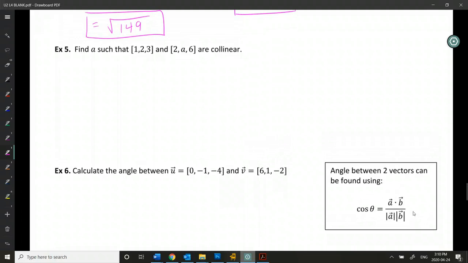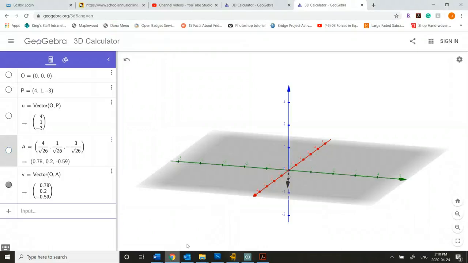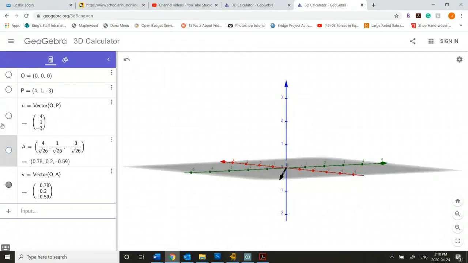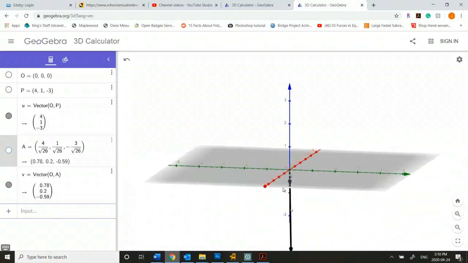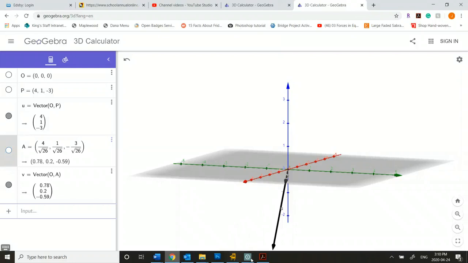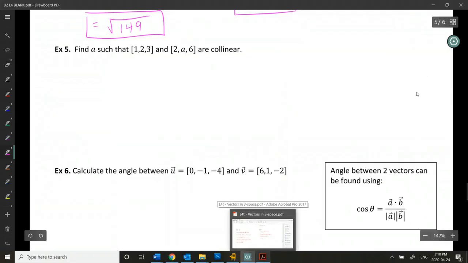All right, we can extend our knowledge of collinear vectors from 2 space into 3 space as well. What I showed you before with these two vectors, one being a unit vector, these are actually collinear vectors as well. They're parallel vectors that are simply scalar multiples of one another.